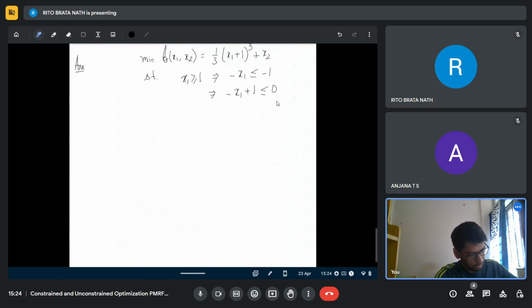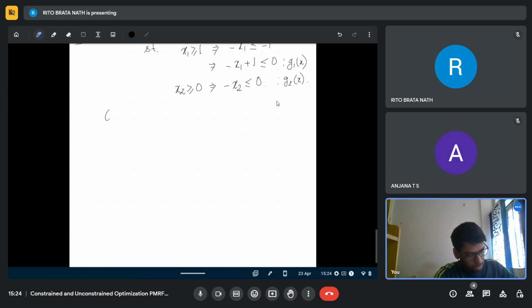And your other constraint is x2 greater than or equal to 0. So you can keep this one as it is, but we are treating it as g(x) type of constraint, so you can also put minus x2 less than or equal to 0. So this is equivalent to your g1(x), and this is equivalent to your g2(x).